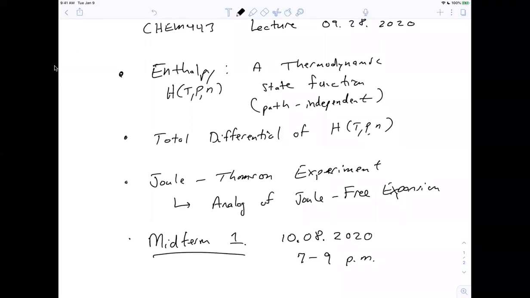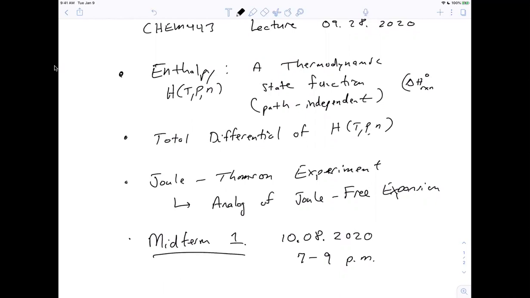And today I want to introduce enthalpy, which is something everyone has heard about because you've always seen things like delta H of reaction, and often these are enthalpies of reaction. And often you'll see it in this form, which is the standard state enthalpy of a reaction.